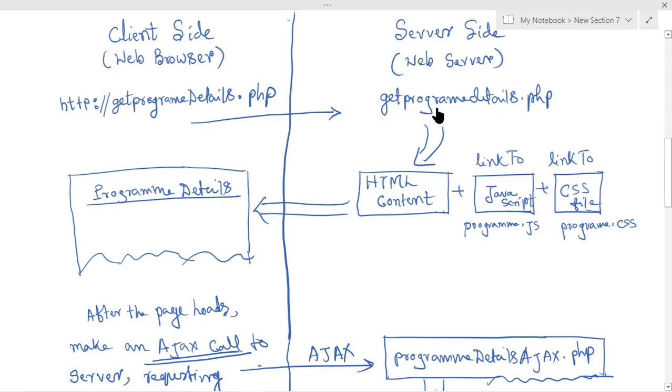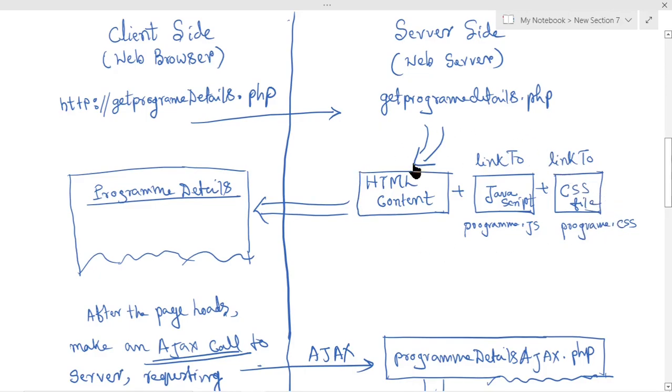We write the code of this PHP file in such a way that when it is executed, you can think of a PHP file as nothing but an executable PHP program. So when we execute this PHP program, we want our output to be some HTML content, which links to some specific JavaScript file, and links to some specific CSS files will also be included.